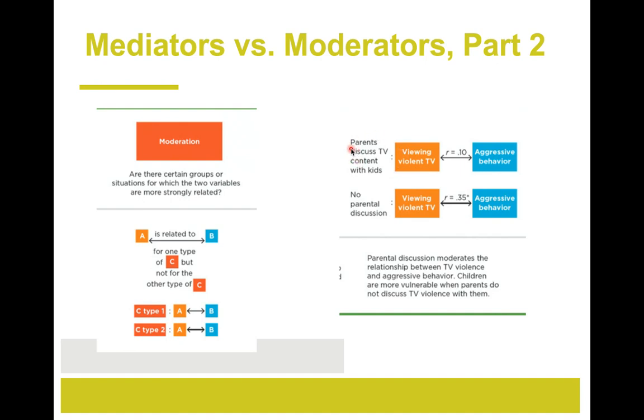For children whose parents discuss the television content with them, the relationship is not significant. It's a very small correlation. But for children whose parents do not discuss the content of the television with them, we see a significant positive relationship. So the relationship between viewing violent television and aggressive behavior differs based upon the parenting behavior present. Parenting behavior, in this case, would be said to moderate the relationship between viewing TV and aggressive behavior.